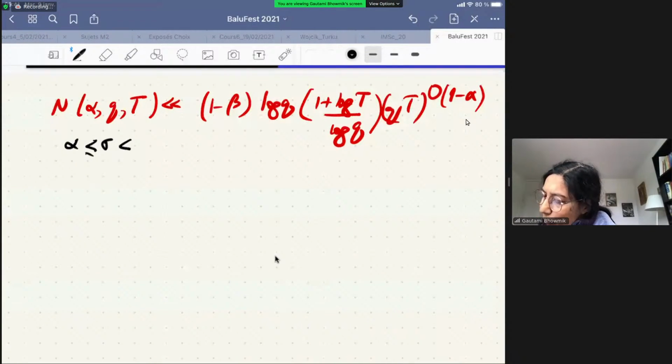So sigma is between alpha and 1, and little t is between 0 and T. Okay. So this is a density estimate. I'm writing it the way of the nice result that you will get if you use Bombieri's expression.